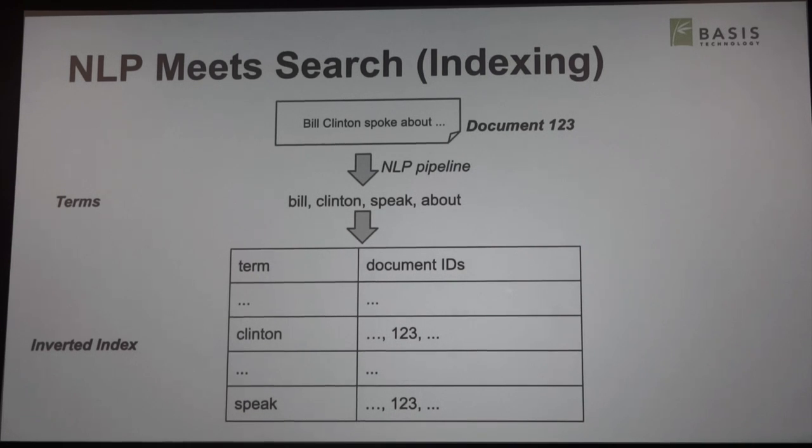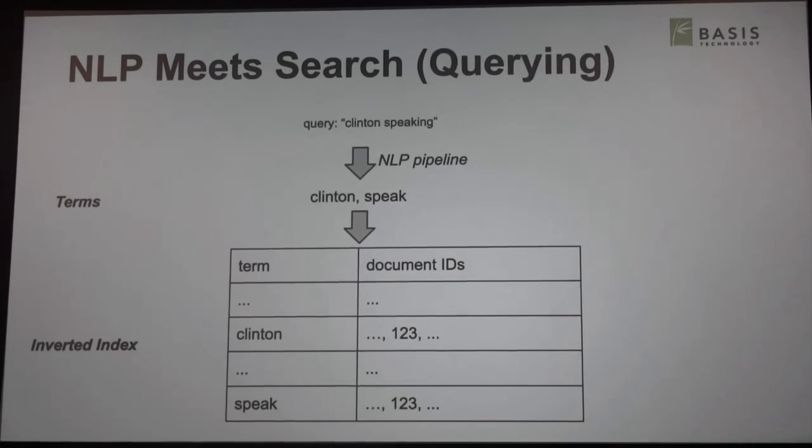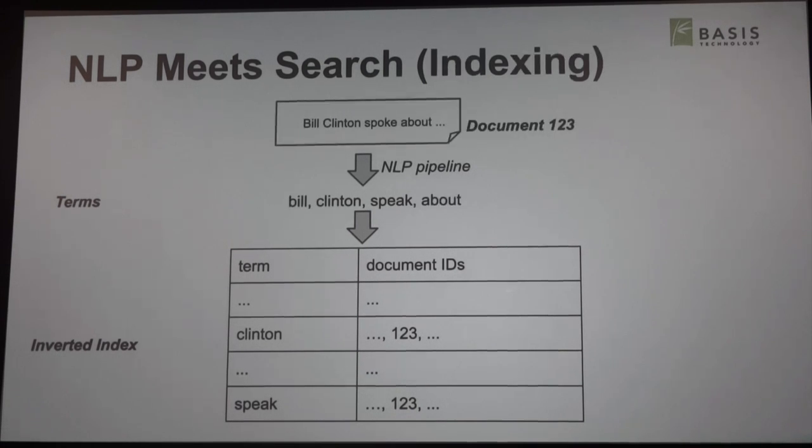Here I have this example, from the previous slide, of document ID 123: "Bill Clinton spoke about," et cetera. Maybe this is a news article. That gets fed through an NLP pipeline, often the same exact pipeline. If you're familiar with Solr, this pipeline is called an analysis chain.